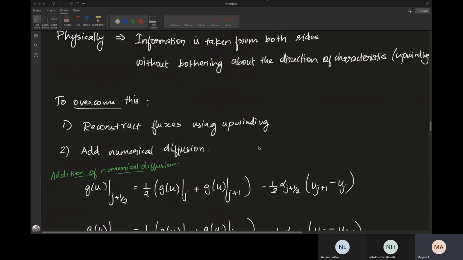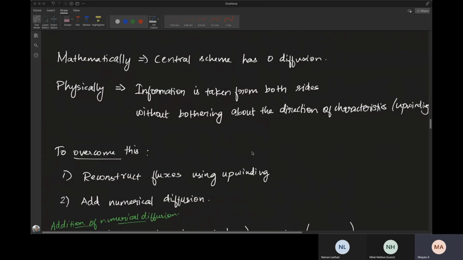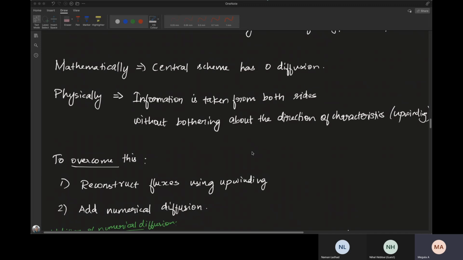So instead of taking an average of left and right states, you can go for upwinding, wherein you just take either of those quantities depending on your slope of the characteristics, or you can add numerical diffusion. We can just add numerical diffusion because central differencing has zero diffusion.